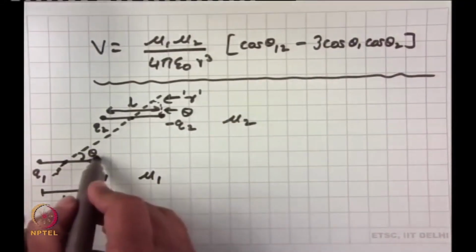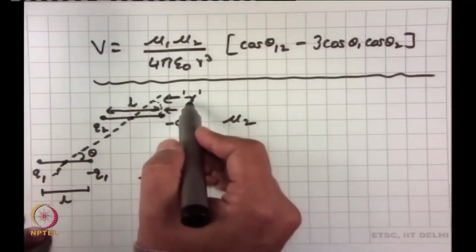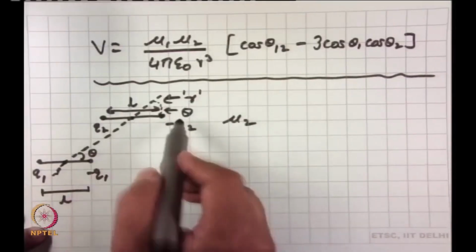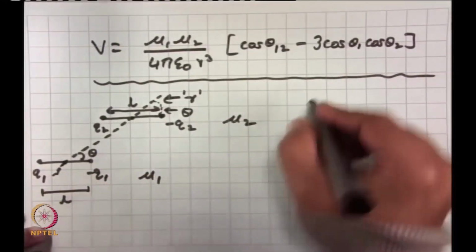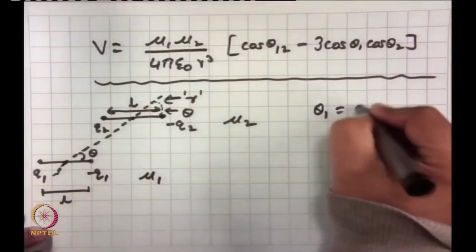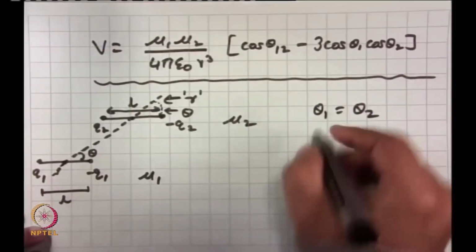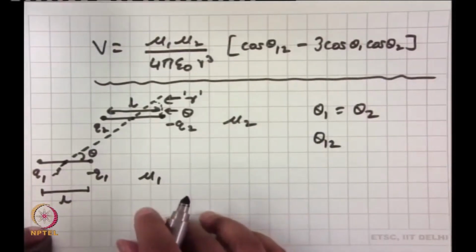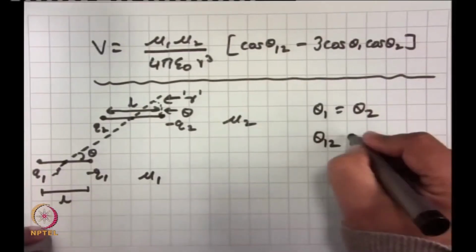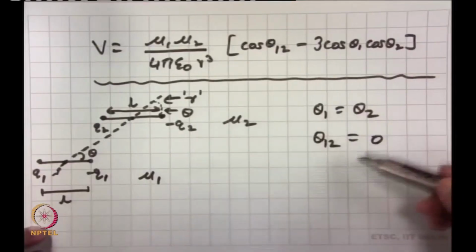So, this one makes an angle theta, that means mu 1 makes an angle theta with the radius vector r or the distance vector r, and this one also makes an angle theta, that means theta 1 is equal to theta 2. So, here I can say theta 1 is equal to theta 2, that is 1. Now, tell me what happens to theta 1 2? Theta 1 2? 0. So, theta 1 2 is 0 now, and if you put these here, what are you going to get?